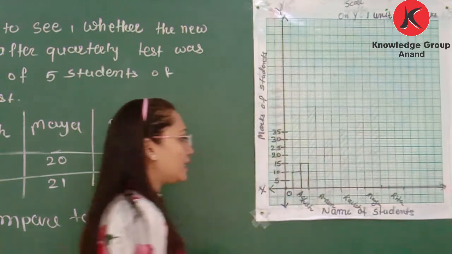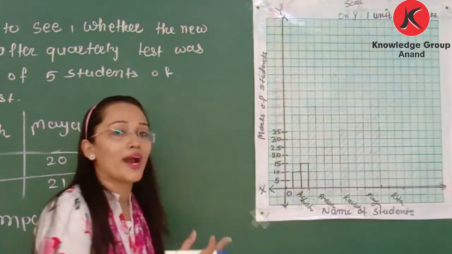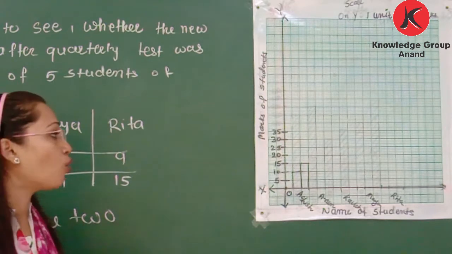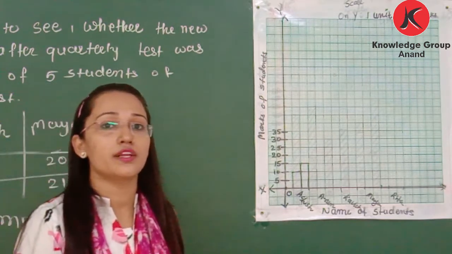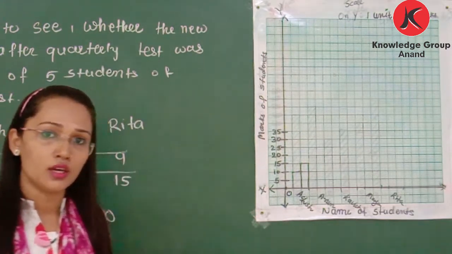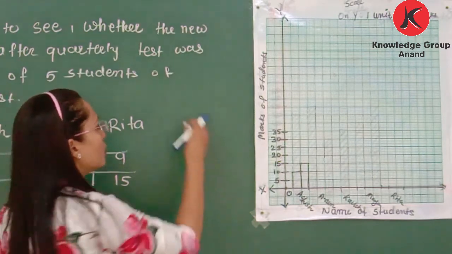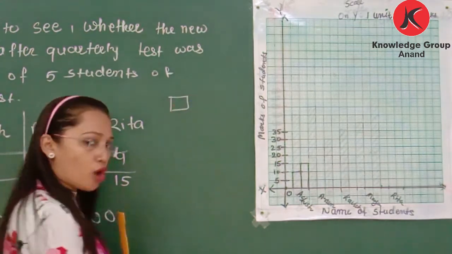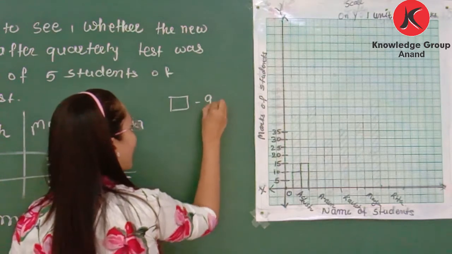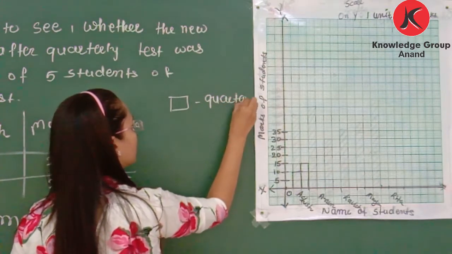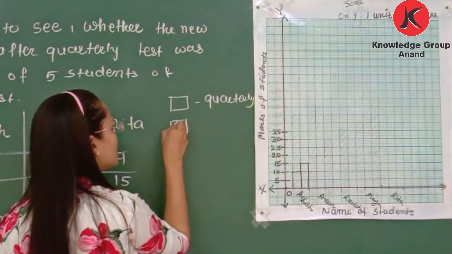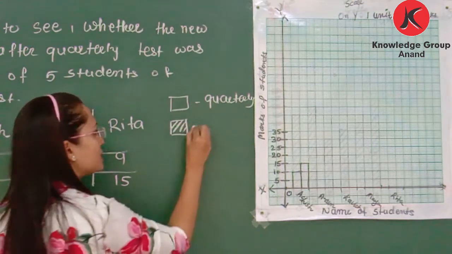Now can you see any difference between quarterly and half yearly? No. We need to represent this difference between quarterly and half yearly. So let's select this simple box to represent quarterly marks, and a box with lines to represent half yearly.